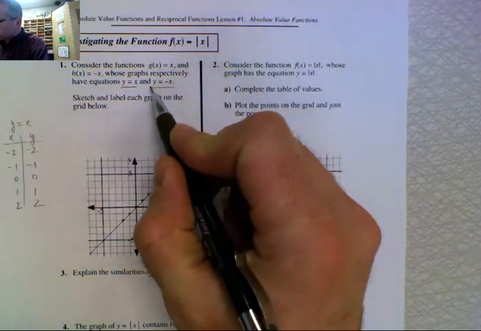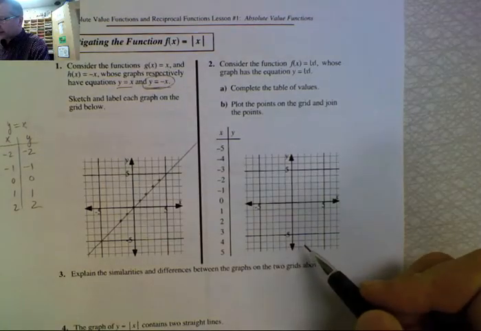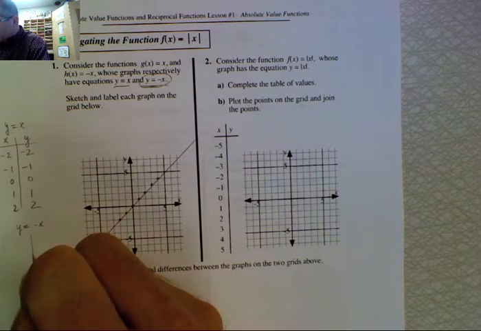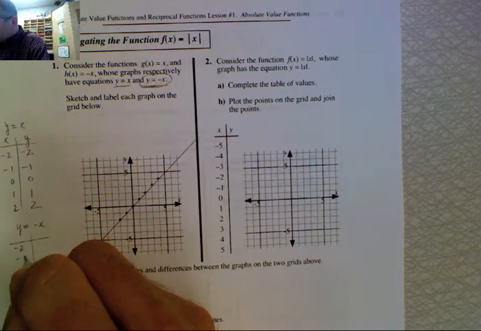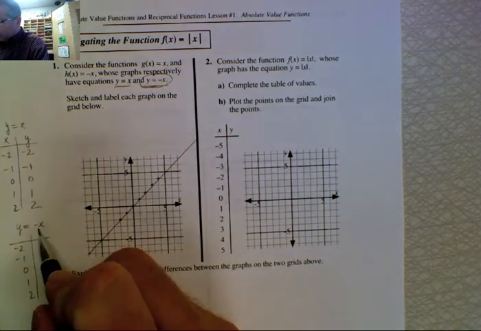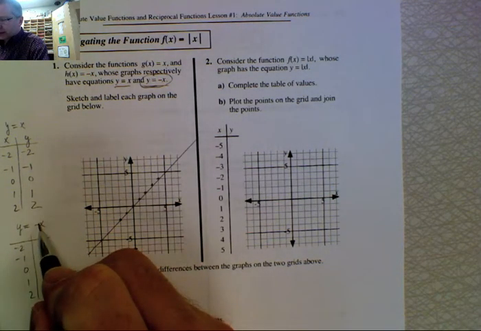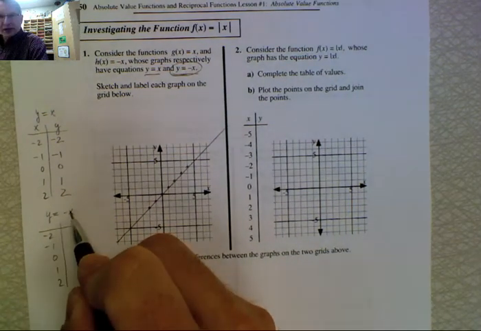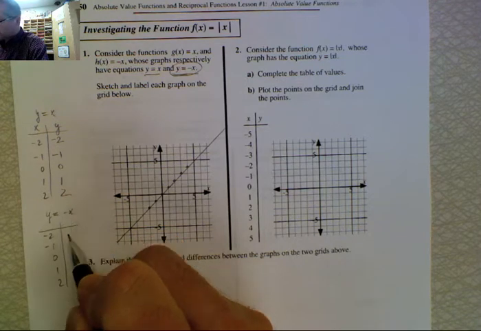Now it also wants us to graph y equals -x. Well, if I do the same thing for y equals -x, -2, -1, 0, 1, 2, what this is saying is I want to take the negative of the x value. Well, if I plug -2 in here and take the negative of it, meaning I change the sign, it becomes +2.